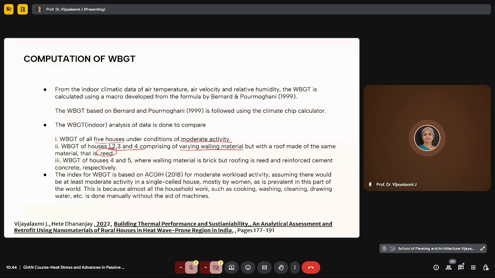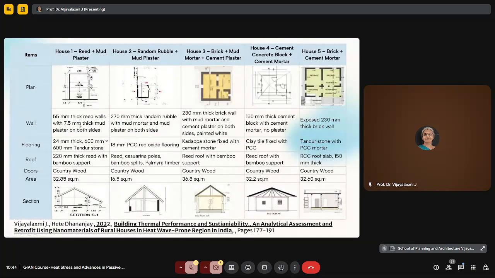Then the WBGT of houses 4 and 5. 5 is the conventional house, which is a 9-inch brick wall with an RCC roof. And house number 4 is brick with reed roofing. So these were also compared. This shows clearly what I had meant in terms of building material for walling, flooring, roof, etc.